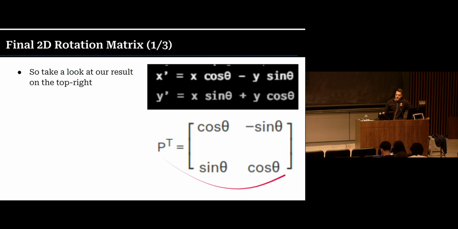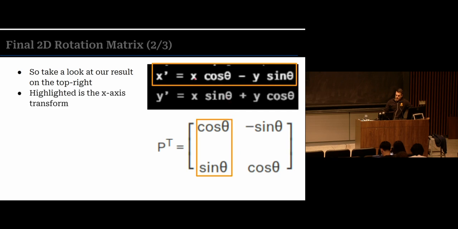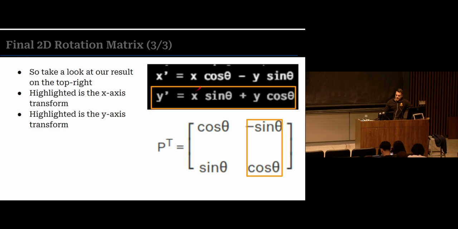This is the rotation matrix for 2D. I can line things up here. Here's my x-axis, so you can see there's a cosine here, and then there's a sine here. Here's my y-axis. Again, there's a sine here, and a cosine here. And that's pretty much it.